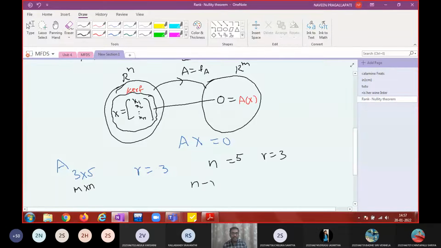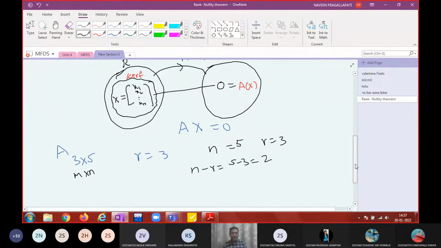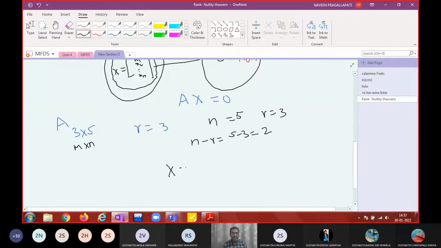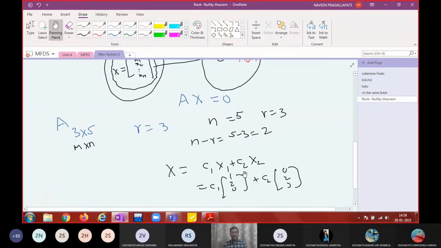N minus r means 5 minus 3 equal to 2. Two independent solutions. That means you can express the solution like this: c1 x1 plus c2 x2, something like c1 times (1, 2, 0) plus c2 times (2, 3, 0). You expressed this kind of solution in this form when solving homogeneous systems of linear equations. Do you remember?